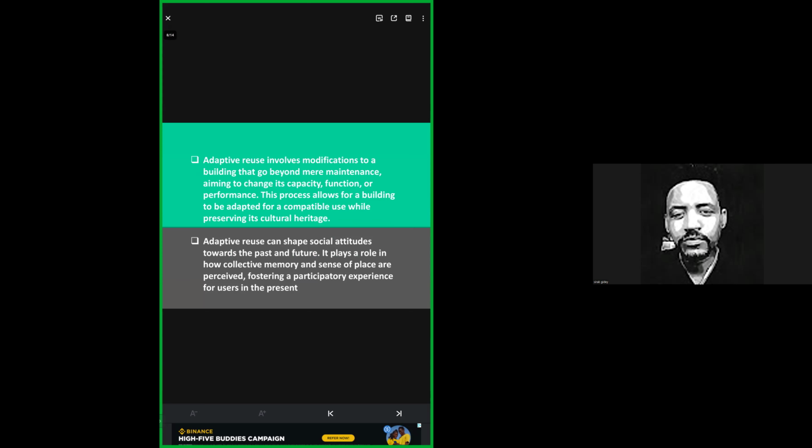And lastly, adaptive reuse can shape social attitudes toward the past and the future. It plays a role in how a sense of place is preserved and fosters a participatory experience for users in the present.